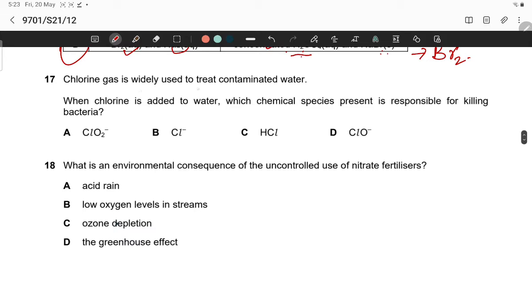Chlorine gas is widely used to treat contaminated water. When chlorine is added to water, which chemical species present is responsible for killing bacteria?